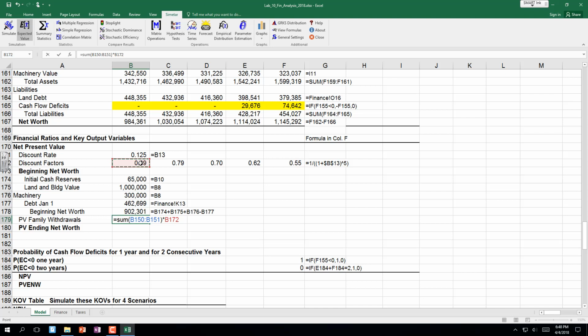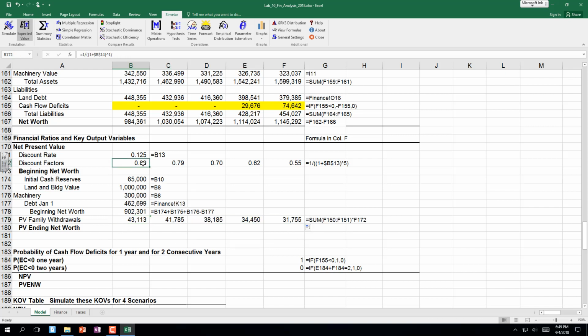And we'll talk about that number in just a minute. So that's the present value of family withdrawals in year one. That takes everything back to year 2017 nominal, or real, I guess. And we'll drag that formula across here.